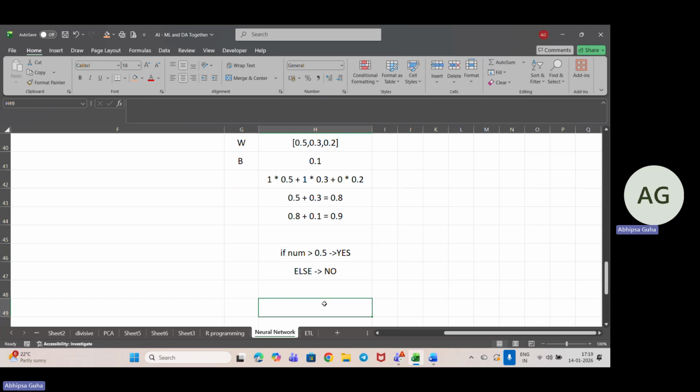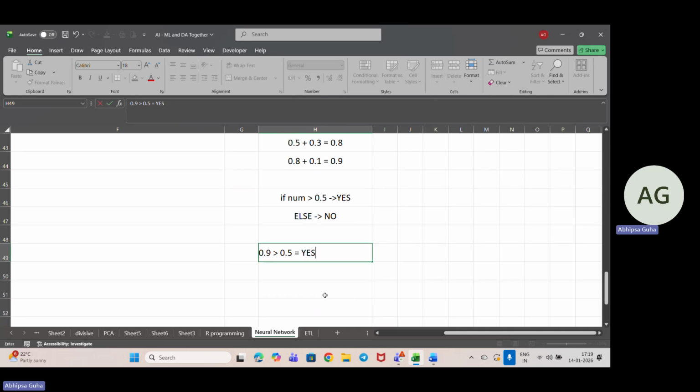Now checking this, basically 0.9 is greater than 0.5. So I'll get the answer as yes. So now in the output layer, it will pass me the result as 1. Okay. So this is what happens.